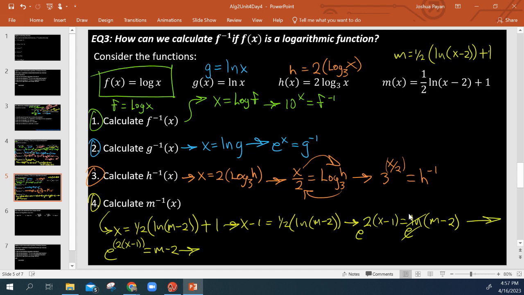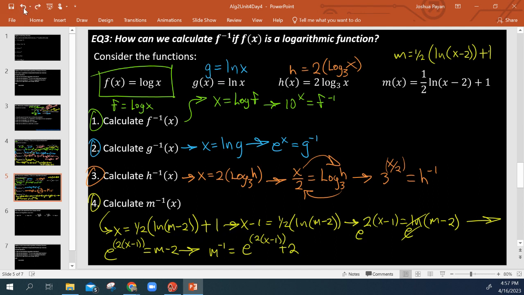I'll just do an arrow like that to show. Right, and then we're just going to add 2. So m inverse is going to be equal to e to the 2 times x minus 1, all of that plus 2. Oops, I don't know why I'm putting an equal sign. Okay, and I would be done right there.